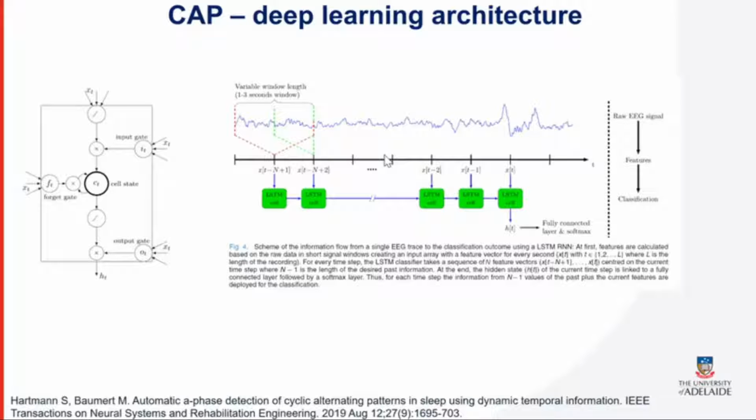We break it down into windows, we extract features, and then we subject the feature vector to the LSTM architecture, which comprises small memory cells, which are controlled by certain gates. And then we trained our network to create a tool which allows us to detect A phases and perform CAP analysis in a fully automated way.